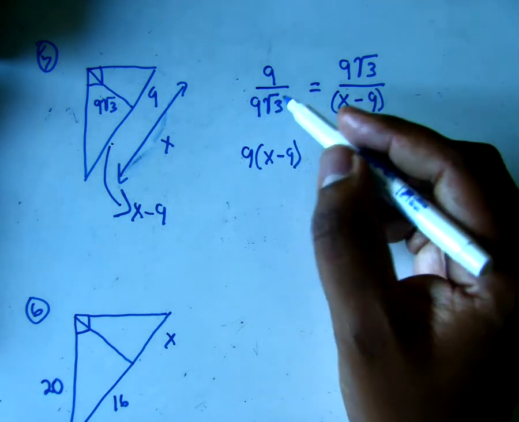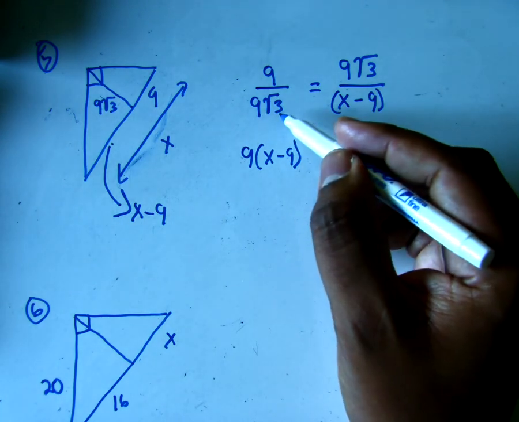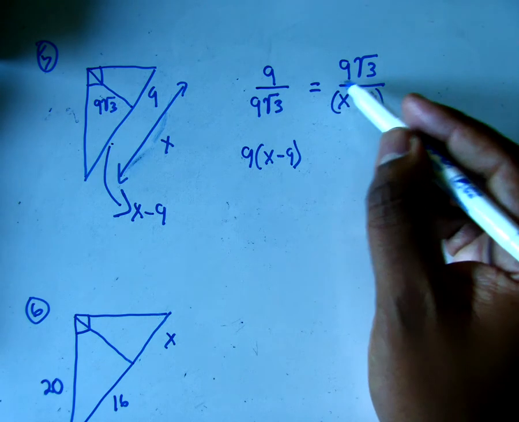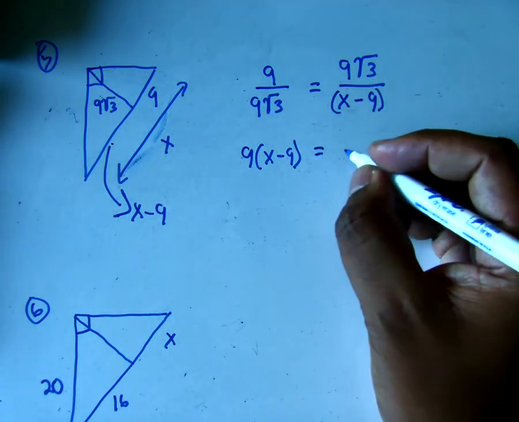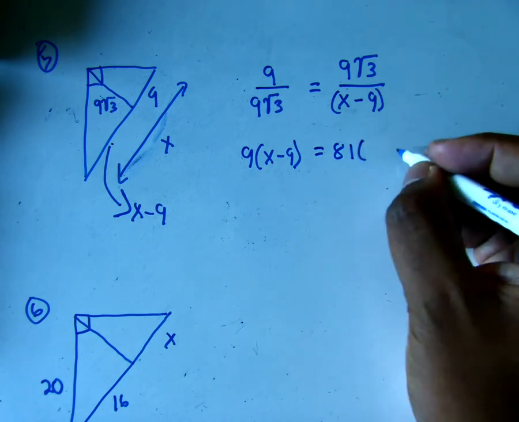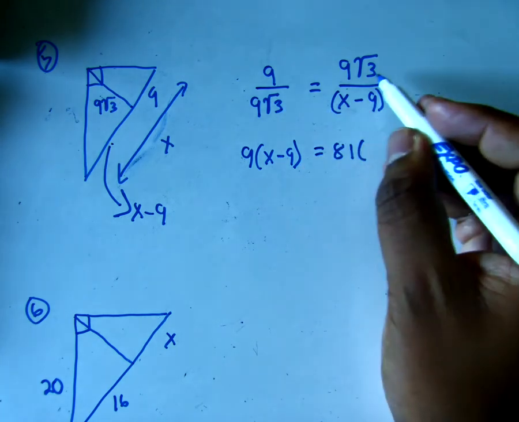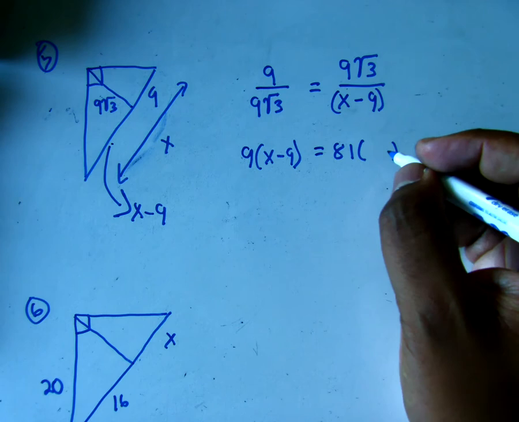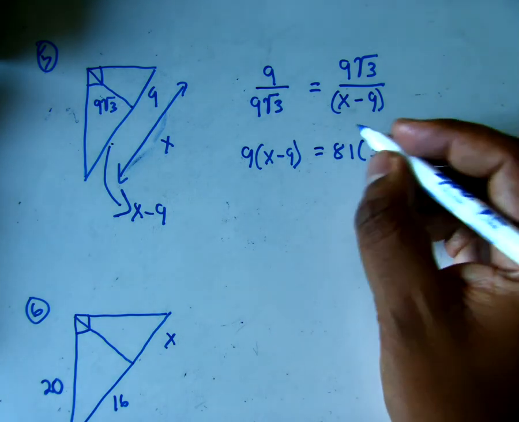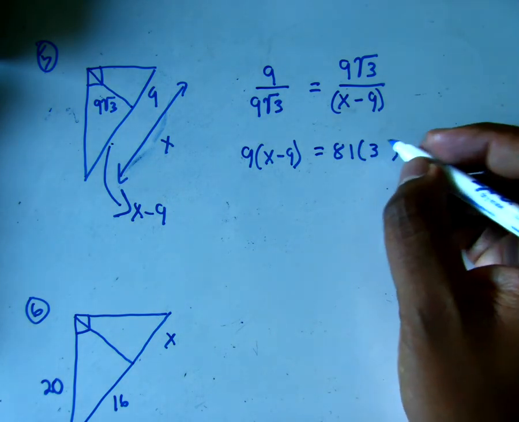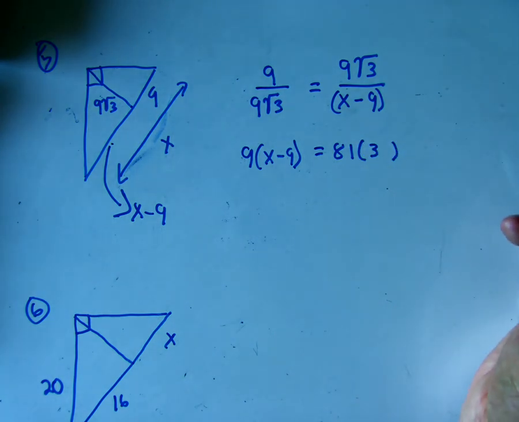And over here, I have my 9 times the square root of 3 times 9 times the square root of 3. So I can take the 9 times 9, and that's going to give me 81. And the square root of 3 times the square root of 3 is going to be 3. And if you want to write that additional step where you have 9 square root of 3 squared, you could do that as well.